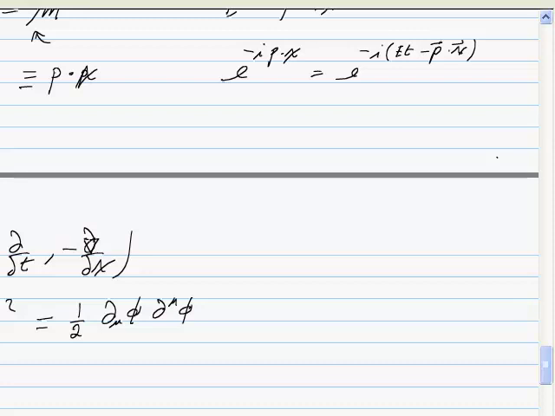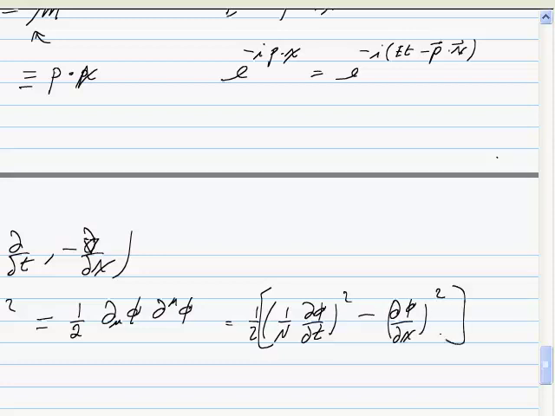And we're going to see that the first component is, again, 1/2 (1 over v d phi dt) squared minus (d phi dx) squared.